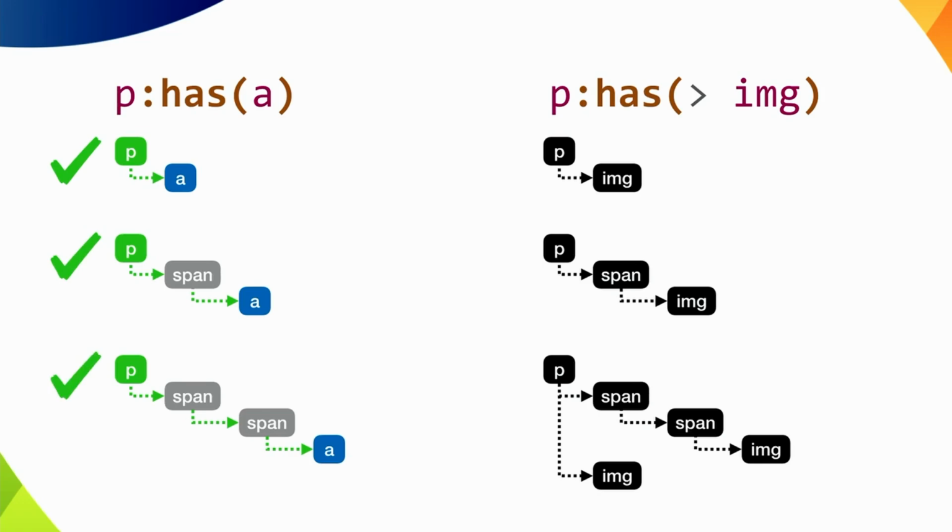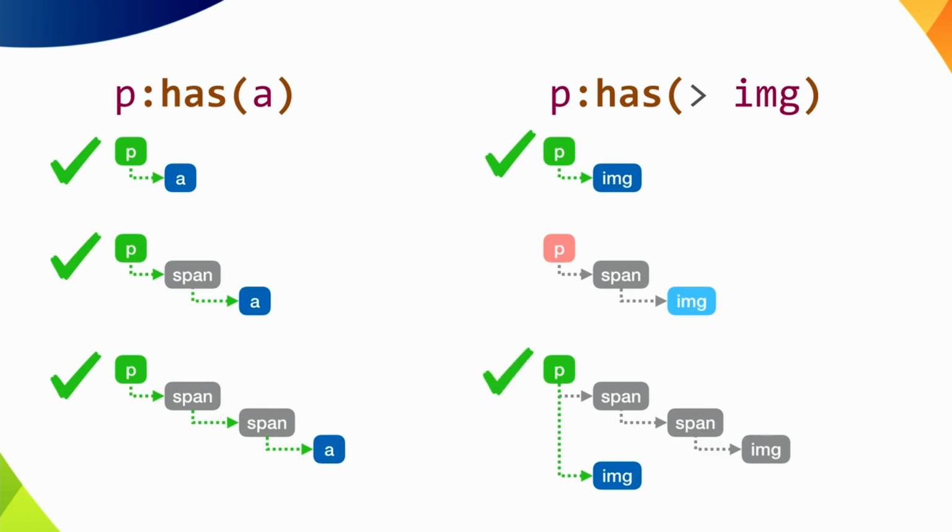But in the second case, by adding that child combinator symbol, the greater-than symbol, only paragraphs with a child image element are going to match. So the first case matches because the only descendant element it has is an img, and that's a child. The third case matches because while that first image is a great-grandchild, the second image is a child of the paragraph.